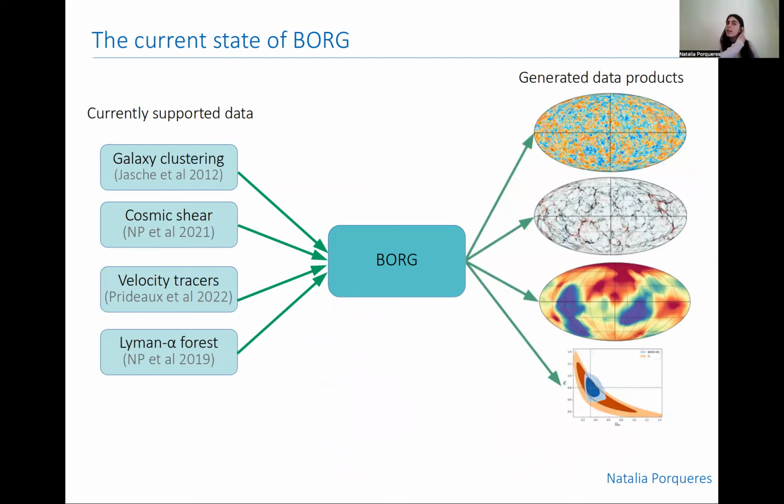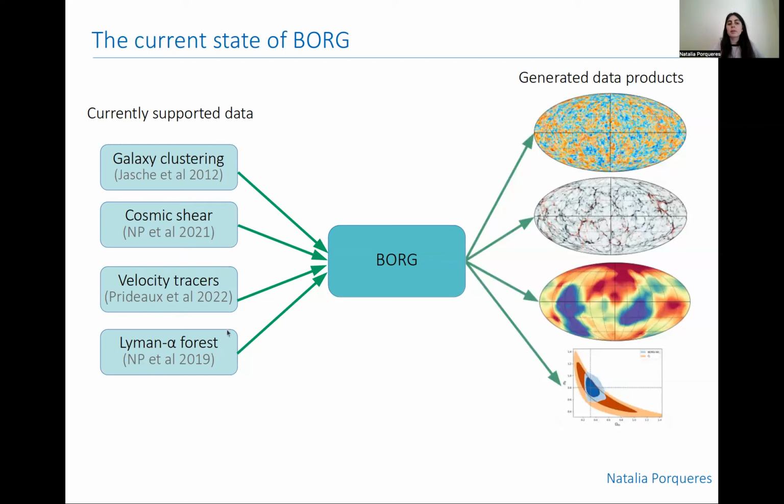Okay, so I'm now going to just briefly say what the current status of Borg is. I have mentioned that there is Borg for galaxy clustering. I have been describing the Borg module for cosmic shear. We also now have velocity tracers, and we also have a module for the Lyman alpha forest.